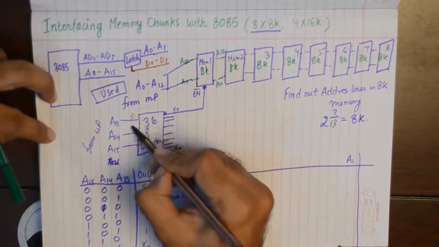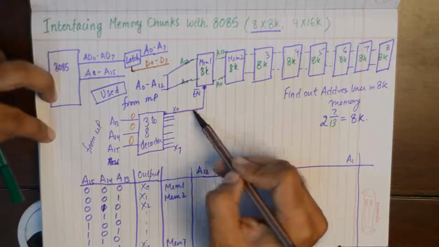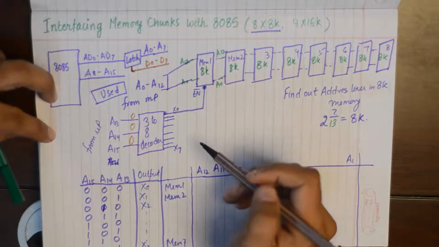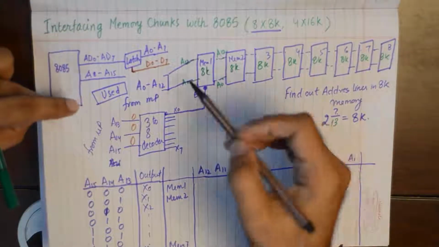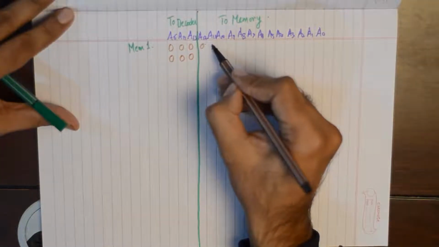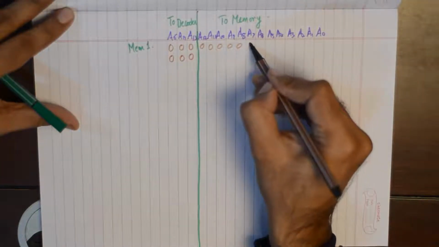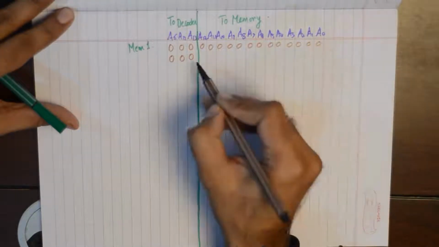A 0, 0, 0 here means X0 is activated, which activates memory 1. And memory 1 has physical locations ranging from all zeros to all ones.